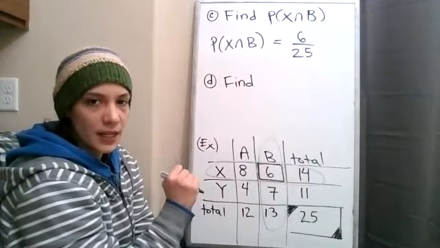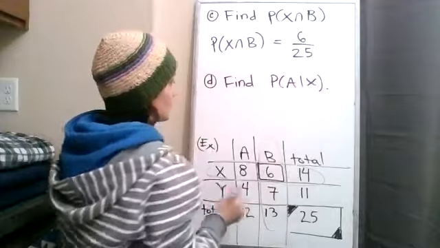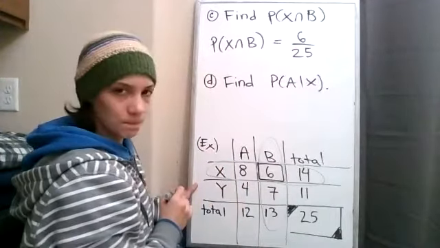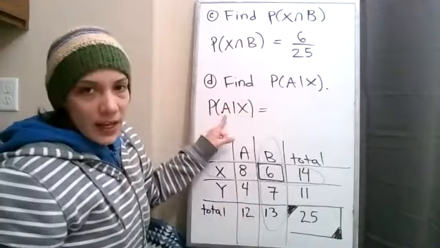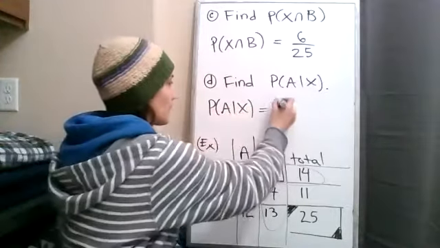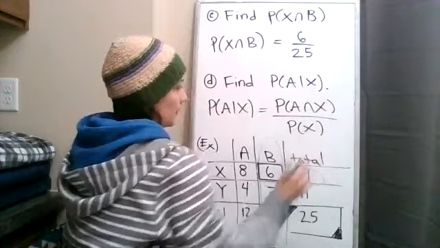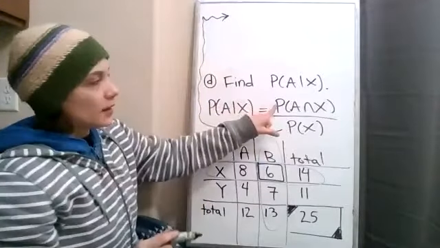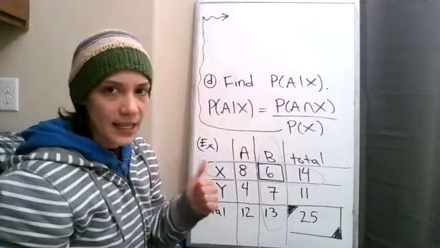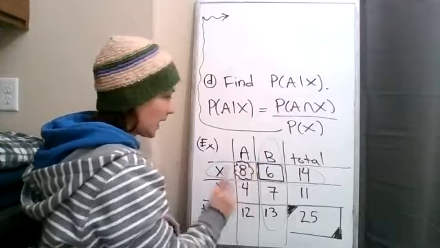Let's find the probability of A given X. Take the probability of A and X and divide by the probability for X. Probability for A intersect X. So find A and where it meets with X, which is right here with 8, out of the total.